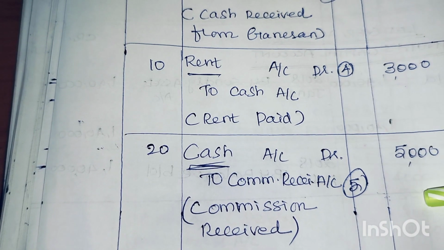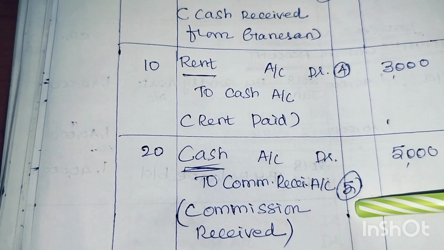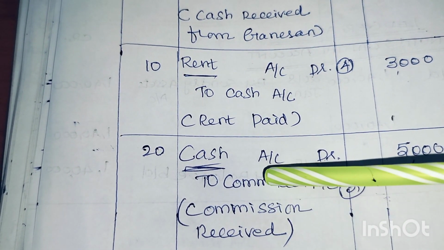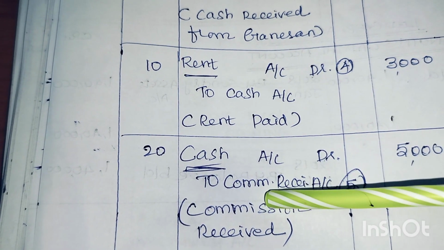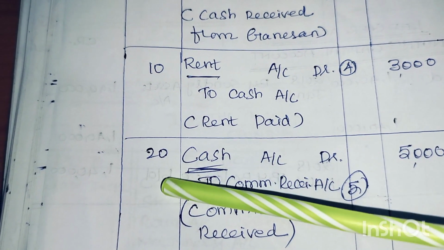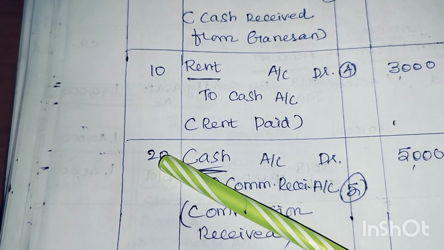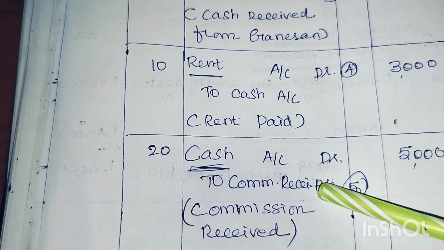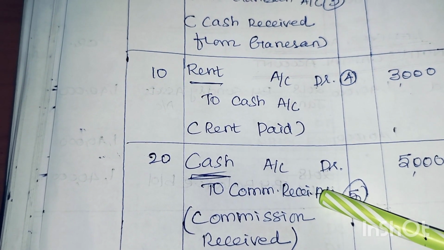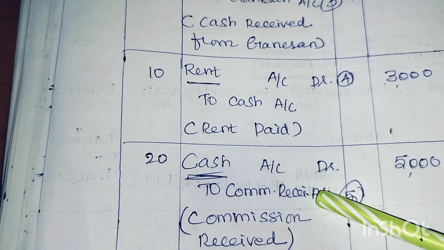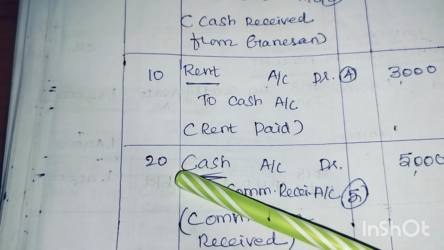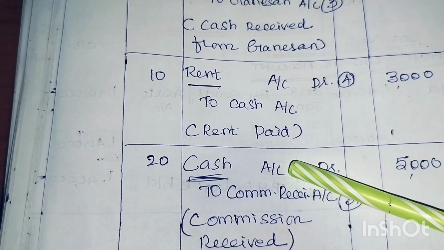Then we come to the next transaction. Do any cash transactions appear here? Yes. On August 20, a cash transaction occurred. Okay. On which side is cash account? On credit side cash accounts appear.